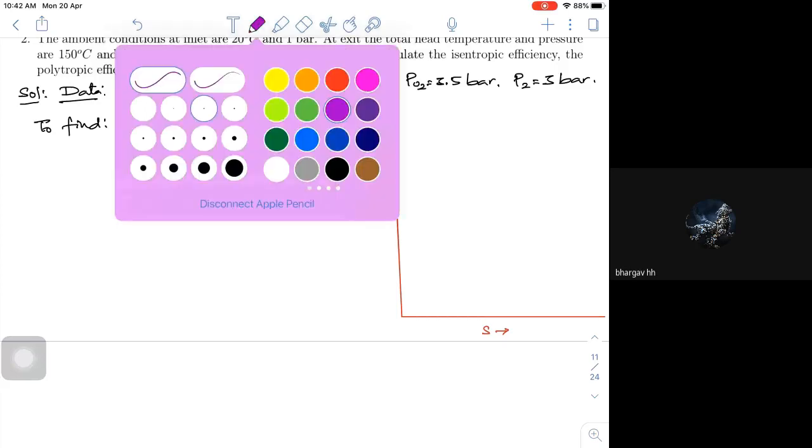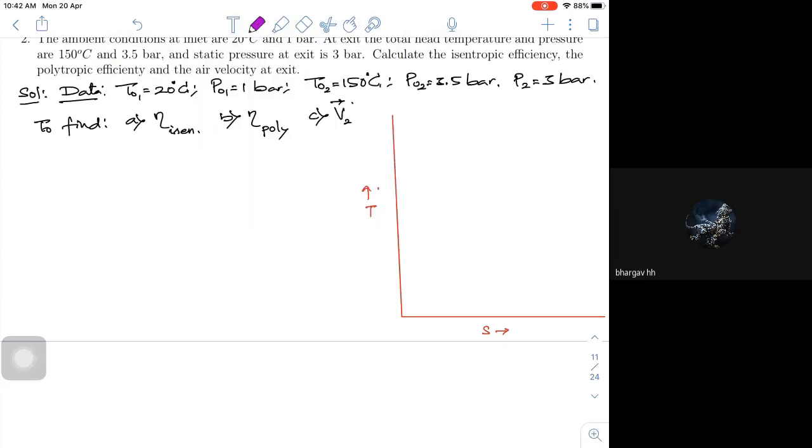So here I have a single stage, right? I have the corresponding both static and dynamic. So if that's the case, this is T1, T01, T2, T02.